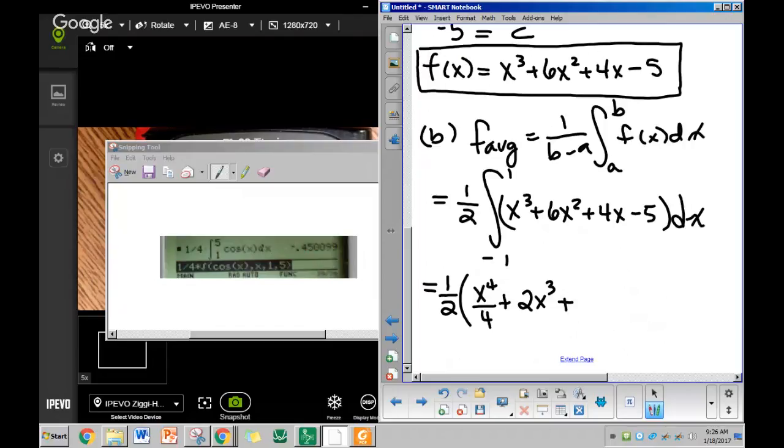Plus 2x squared, minus 5x. Now, why don't I need the c here? Because the c would subtract out, wouldn't it?